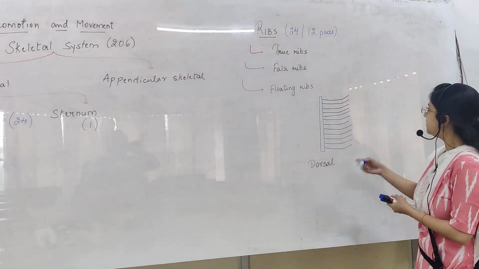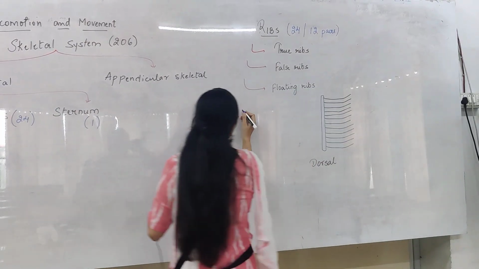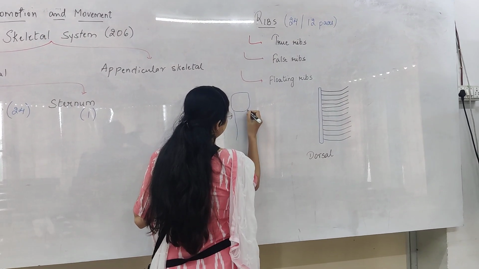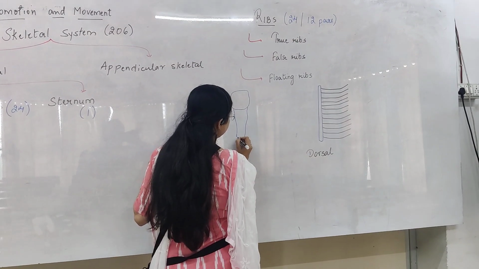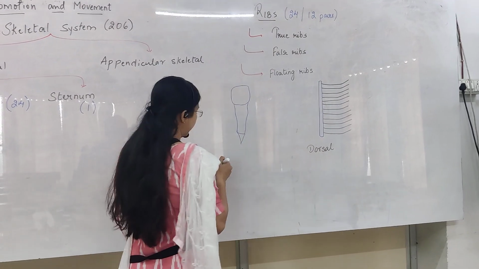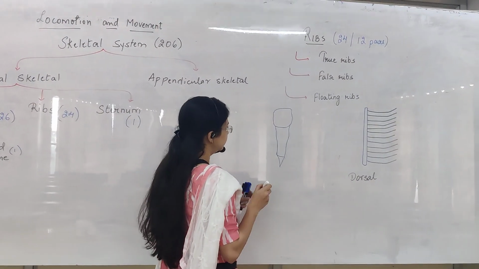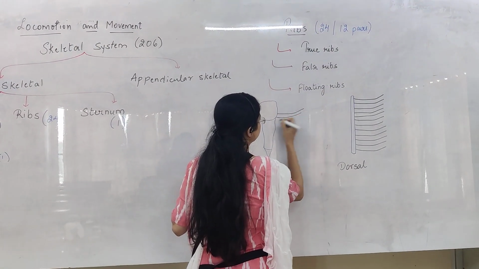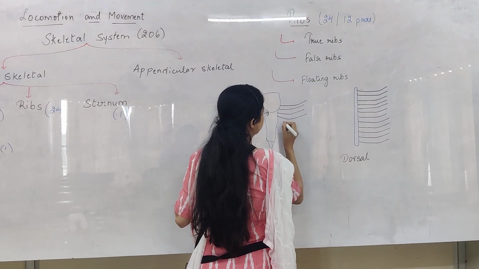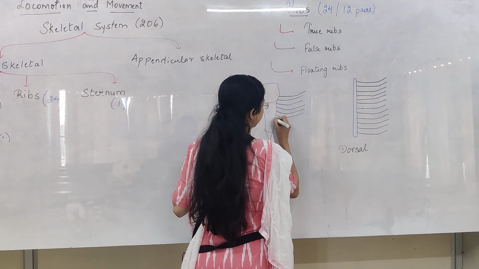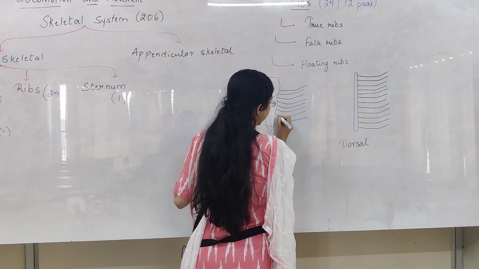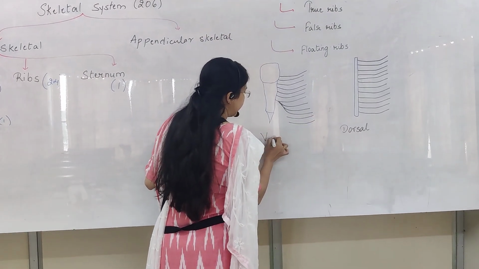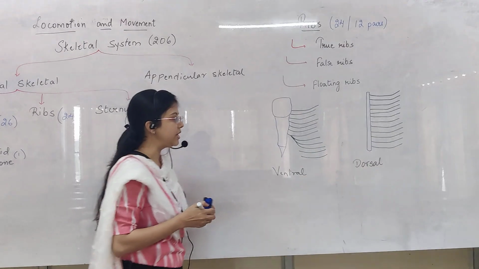Now, if you see the same thing on the ventral side, these bones are attached to the sternum. This is how the ribs will appear on the ventral side, right?